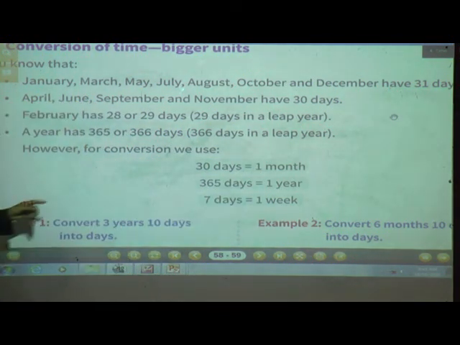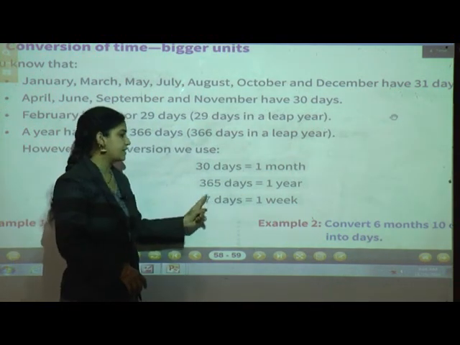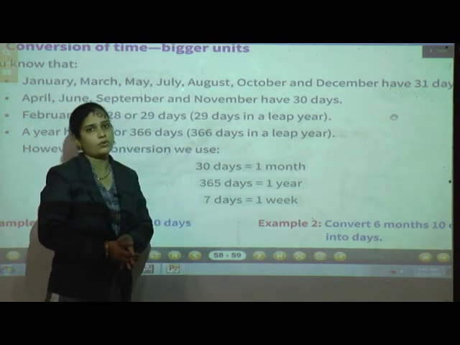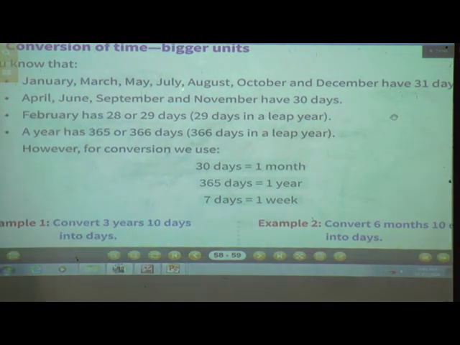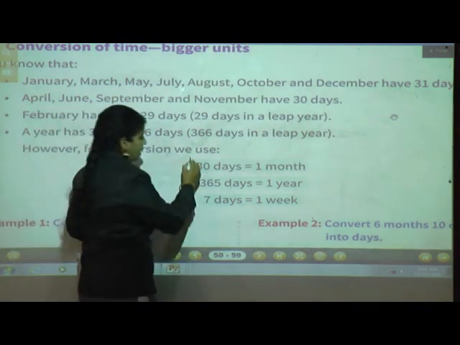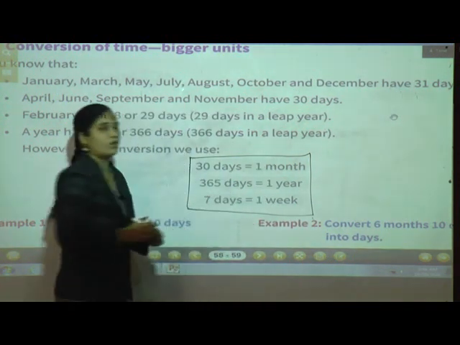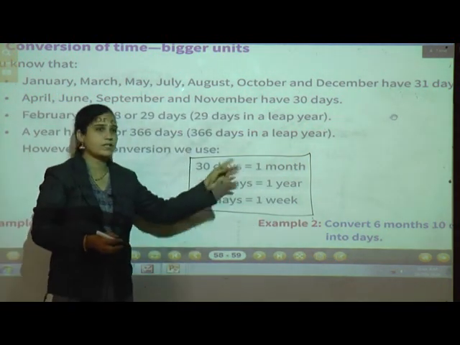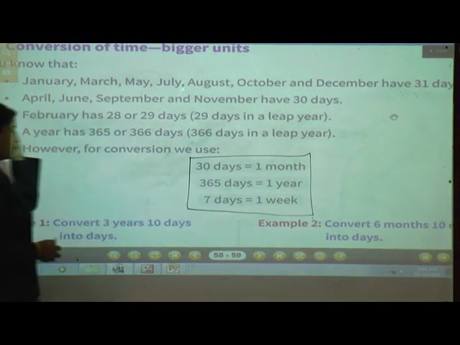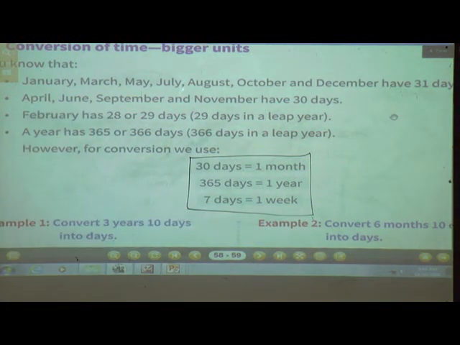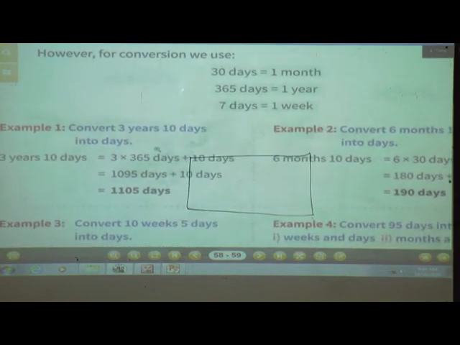Also 365 days for 1 year and 7 days equal to 1 week. Remember this is very important for calculation, students. Now with the help of these conversions, we are going to solve the examples.